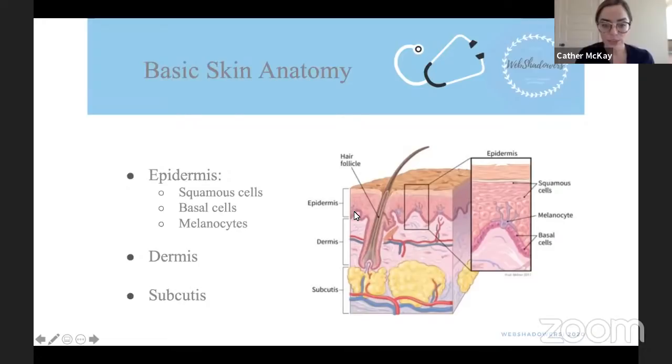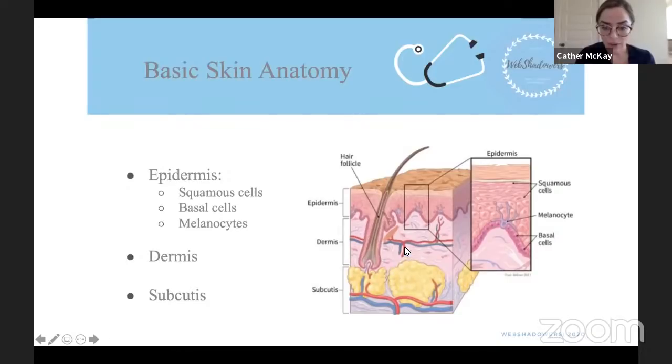So the epidermis is actually pretty thin, but there's a lot going on in it. Then you have your hair follicles that dip down into the dermis. In the dermis, you have lots of collagen and elastin, which give structure and support to the skin.